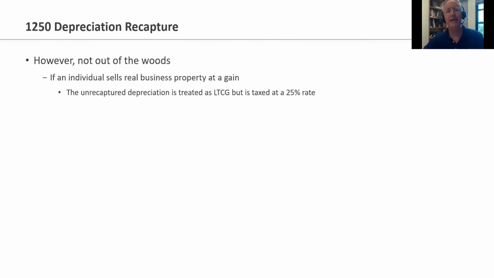Well, if you're an individual taxpayer and you sell real business property at a gain, what you do is you say, okay, how much would I have recaptured as ordinary if this were 1245 property? I'm going to take that amount and I'm going to treat it as long-term capital gain, but I'm going to apply a 25% tax rate to it. Oh my God, I can't believe someone made this rule up, but they did, right?